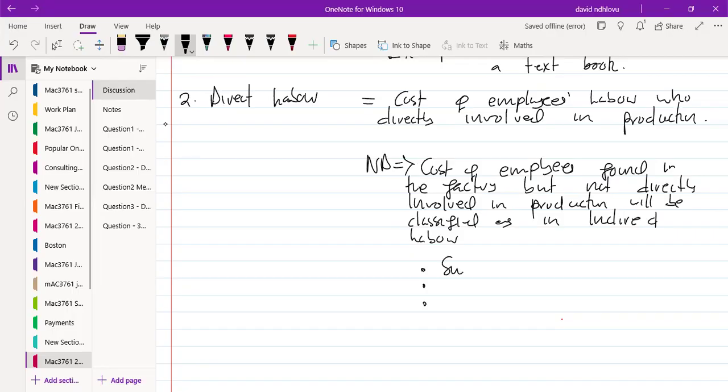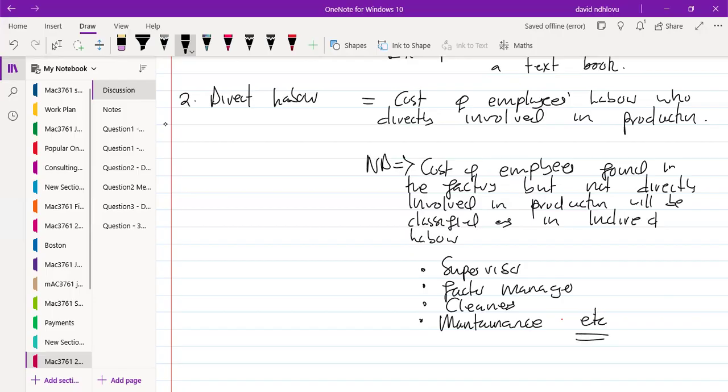We may have supervisors, factory manager, cleaners. We may also have maintenance staff, etc. So these people are there in production supporting what? Production, but they are not directly involved in production. So we call them indirect labor.